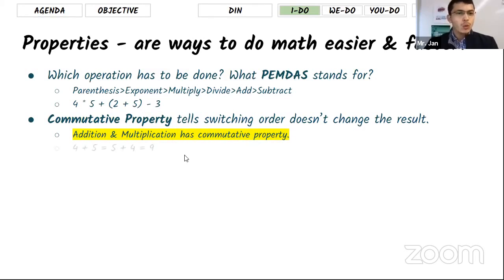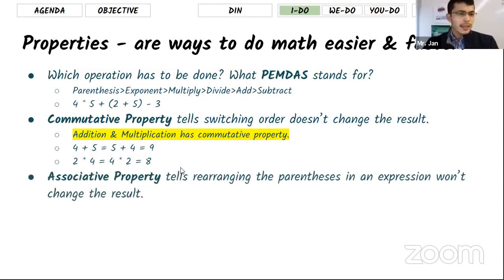That means you can switch the order when you add two numbers or more than two numbers, and you're going to end up with the same result. Or you can switch the order when you multiply two numbers or more, and you end up with the same result. So only addition and multiplication have the commutative property, not others. This is a very important detail about this property.